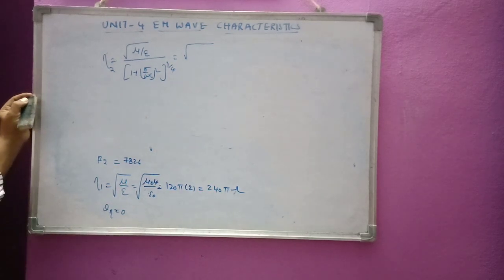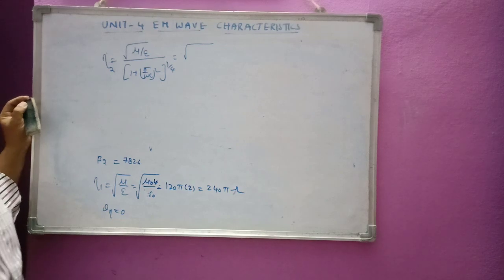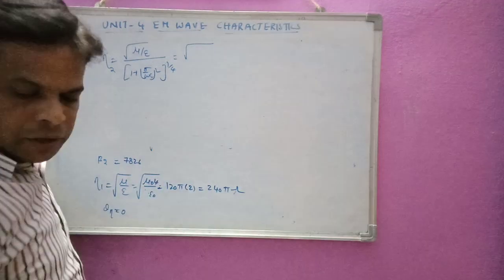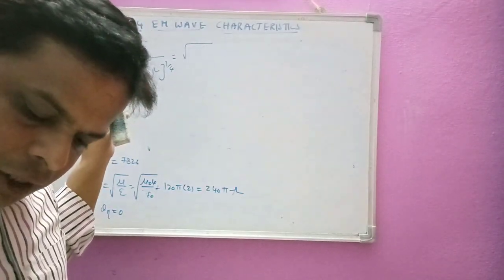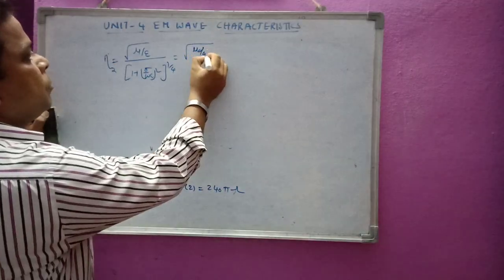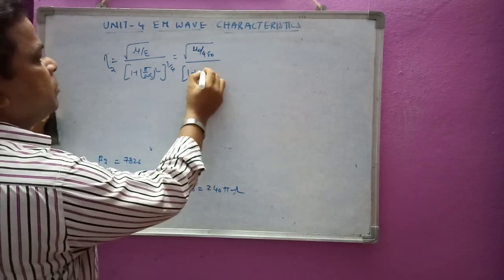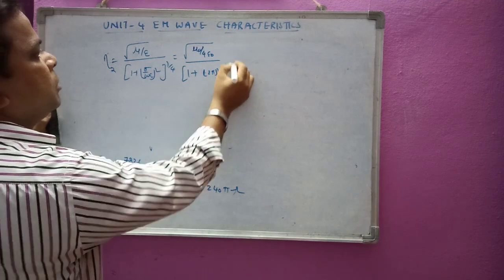We can easily calculate here. For medium 2 he has given mu equal to mu naught and epsilon equal to 4 epsilon naught. So it is root of mu naught by 4 epsilon naught, by 1 plus 1.2 pi whole square, whole power 1 by 4.